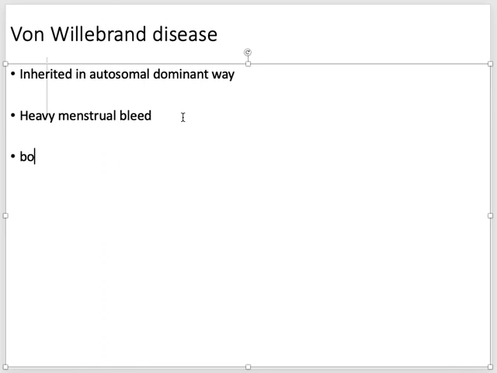Both of them will be affected, of course, because no aggregation, no adhesion. We need the platelets to get aggregated together, and then fibrinogen will be changed into fibrin, and the clot will be formed.